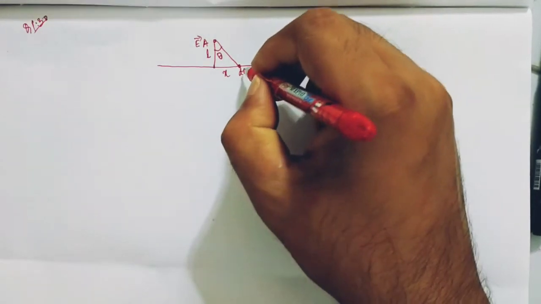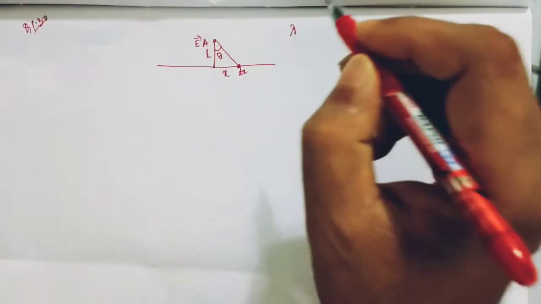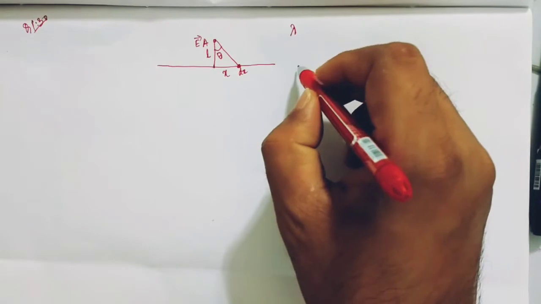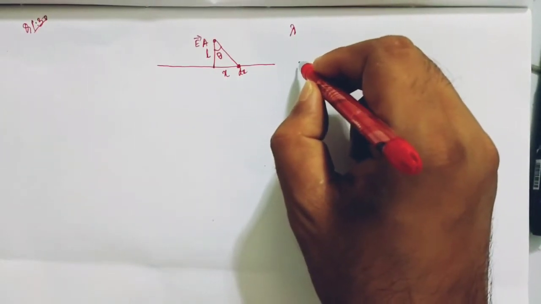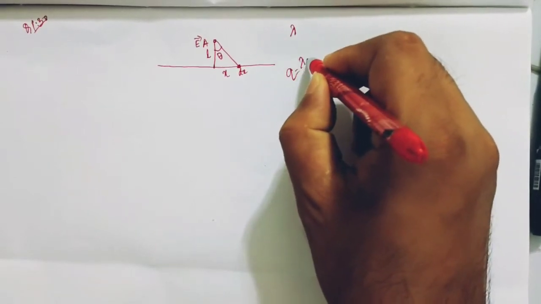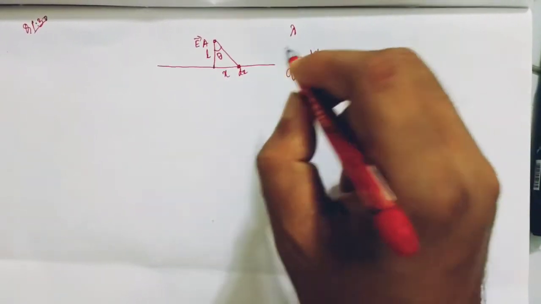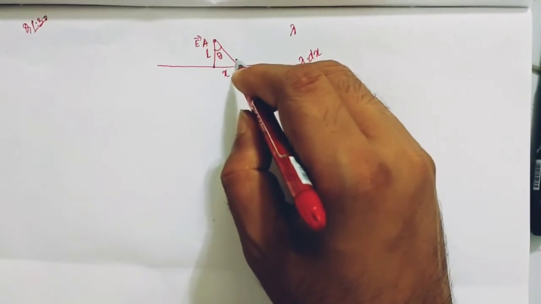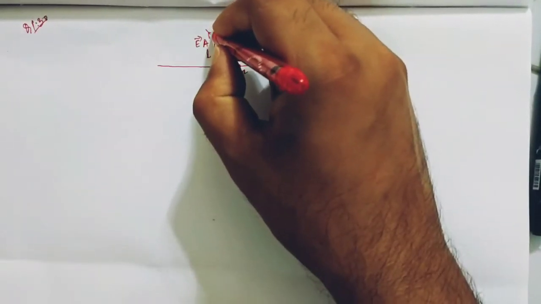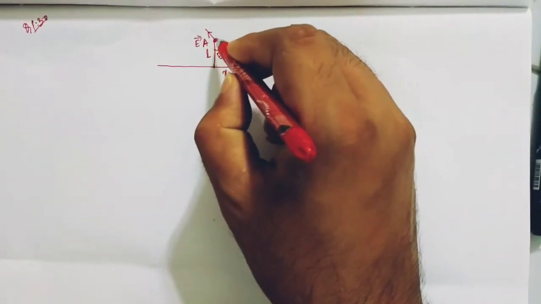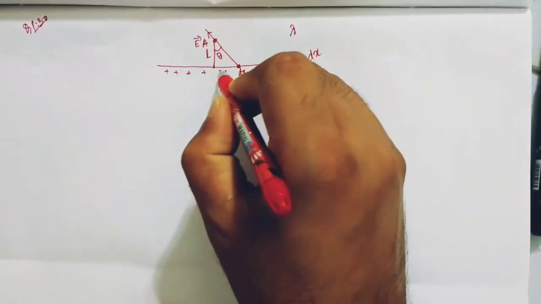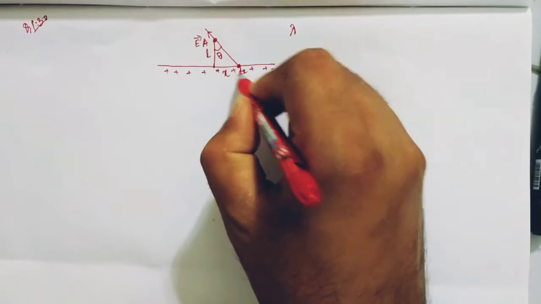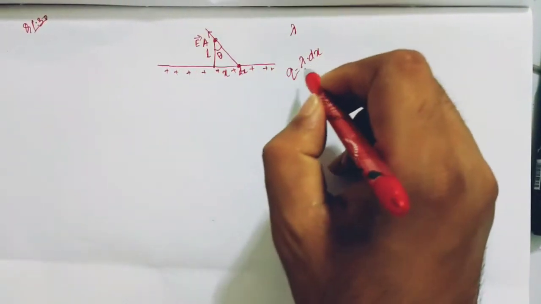The charge on the section dx is q equal to lambda into dx. The electric field due to this, taking a positive test charge and the wire positively charged, will be in this direction.